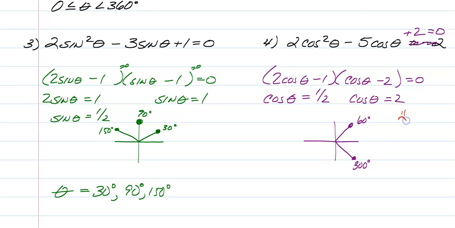It isn't. Remember, in the unit circle, the biggest you can have for sine, cosine, and tangent is 1, because that's the radius of the unit circle. So cosine of theta is never equal to 2, so you can completely ignore that guy. And your answer is theta is equal to 60 degrees and 300 degrees.